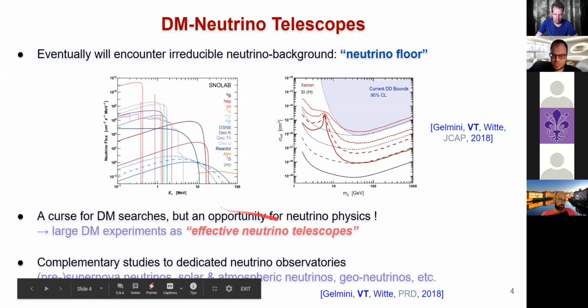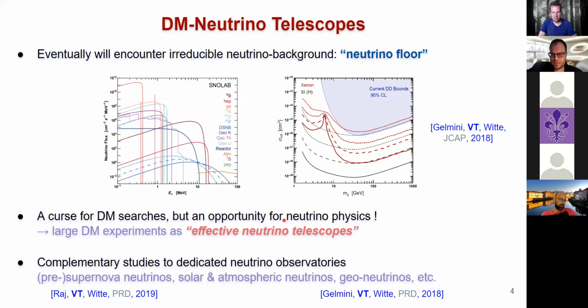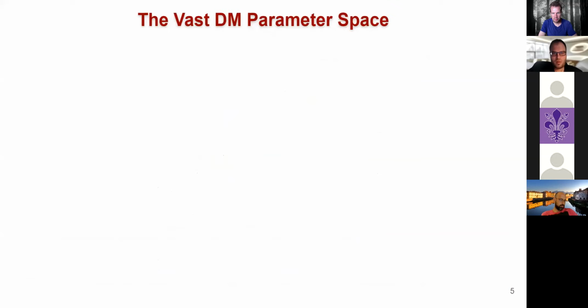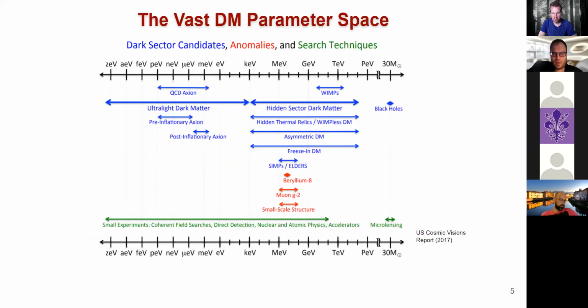So these are the general comments about so-called conventional large-scale direct dark matter detection. Now, the dark matter parameter space is, of course, very vast, and this is a very nice summary slide from the US Cosmic Frontier Report from 2017 to give a summary of the field.